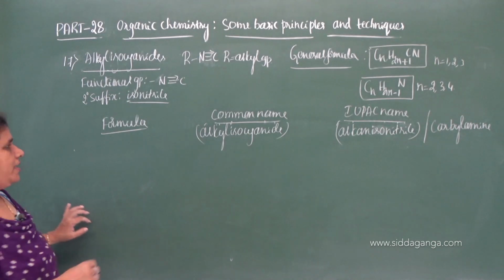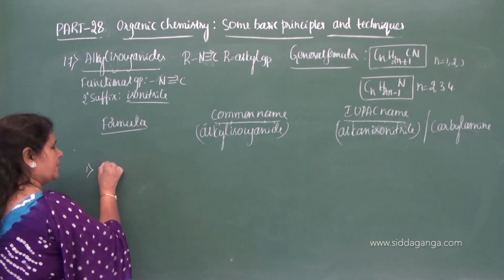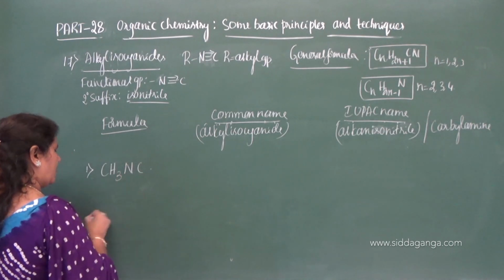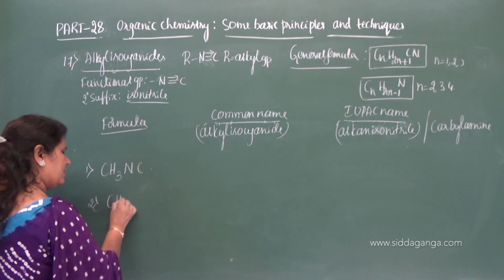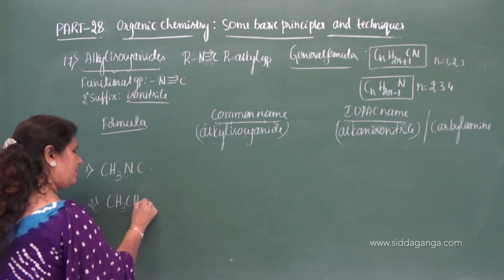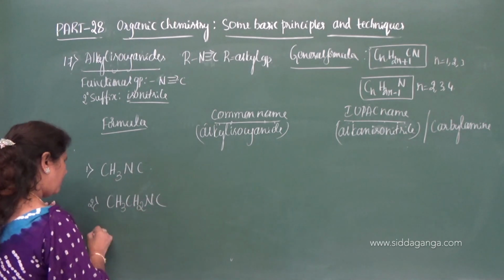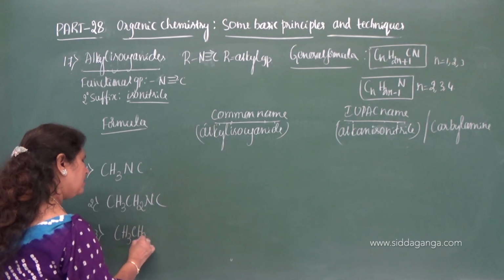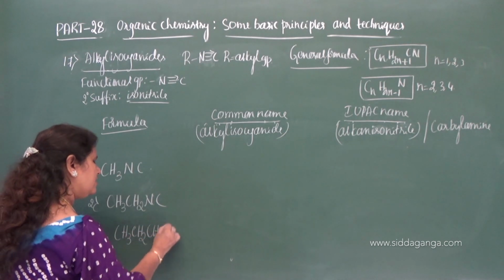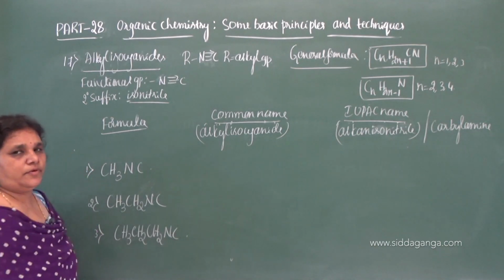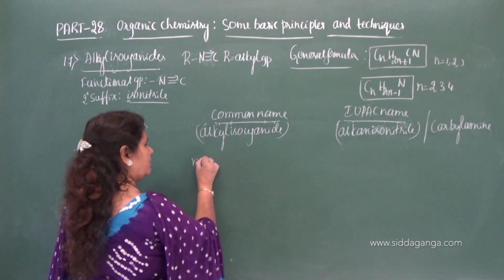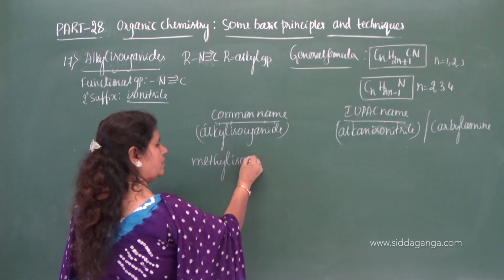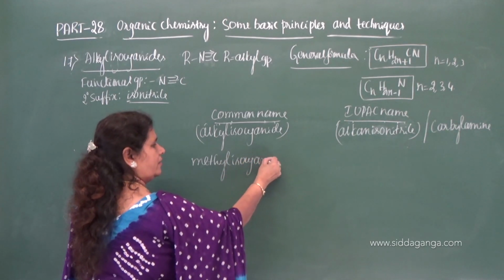Okay, now what is the first one? Let me take the example. CH3NC. Second one, CH3CH2NC. Third one, CH3CH2CH2NC. Okay, now methyl isocyanide.